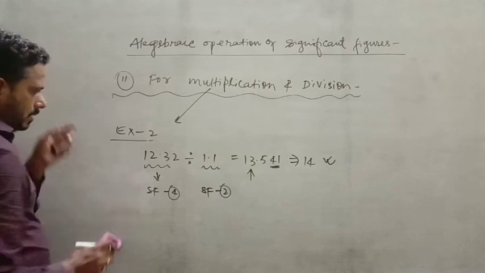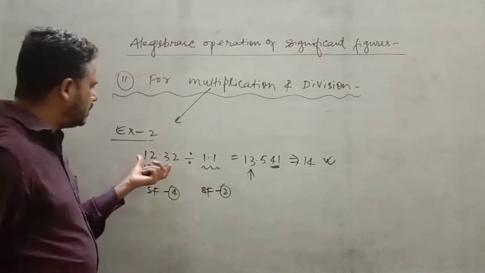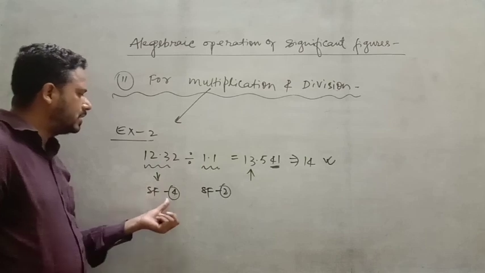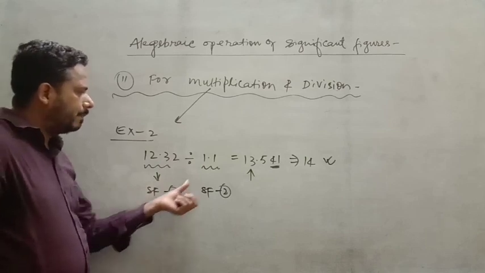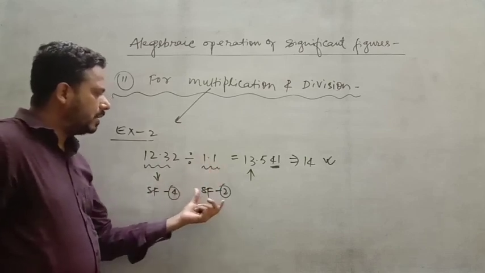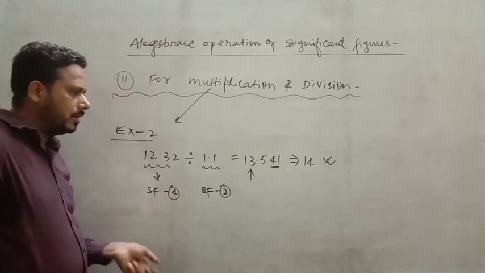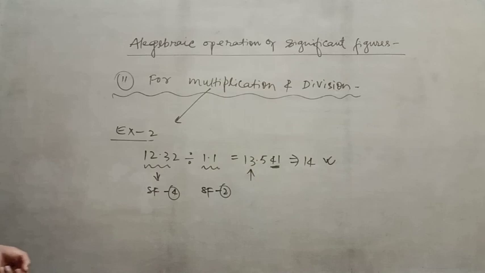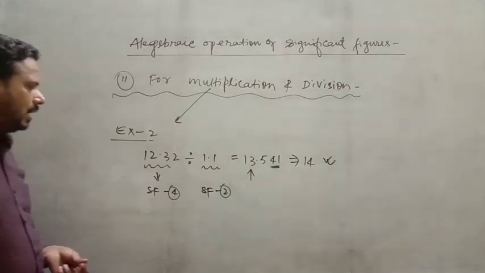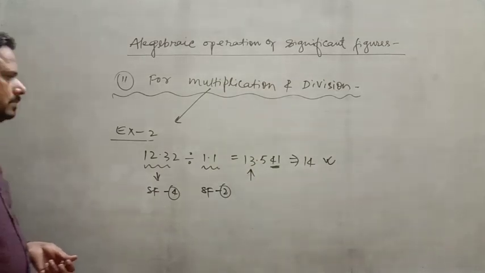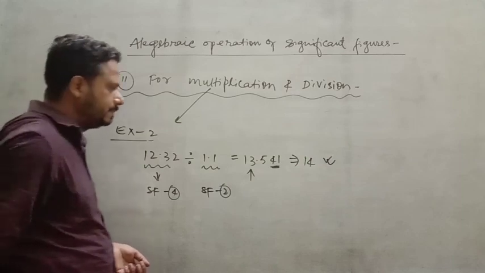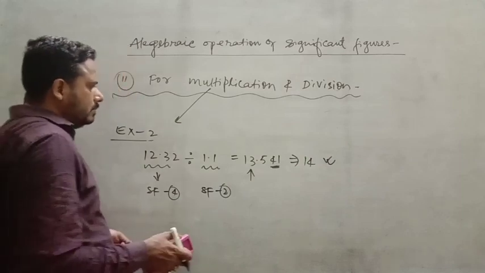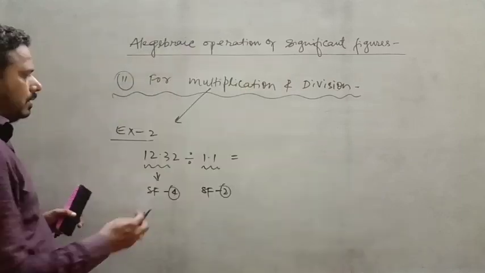Again you see there is a 4-digit number, that is 4 significant digits. There is a 2-digit number, 2 significant digits, and here you have to divide this one. So after doing division, how much will you get?